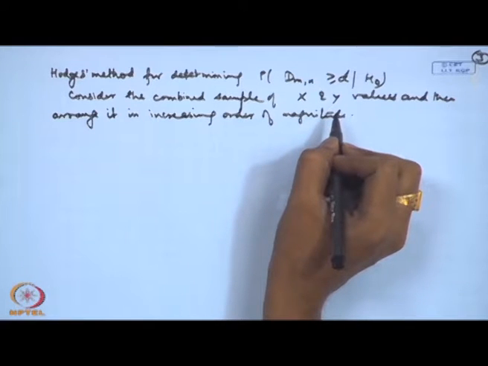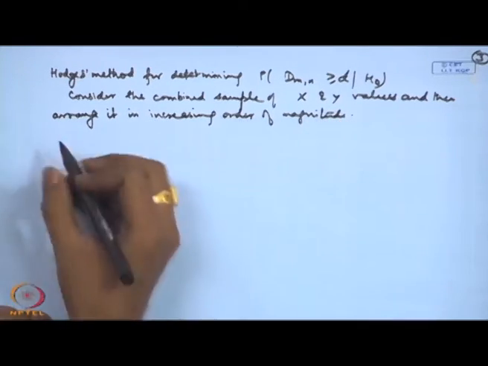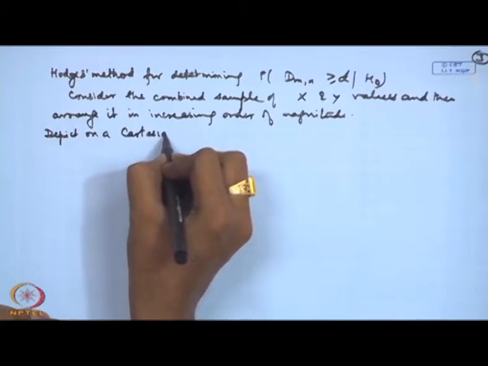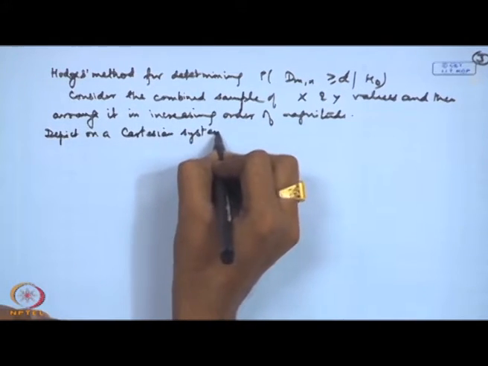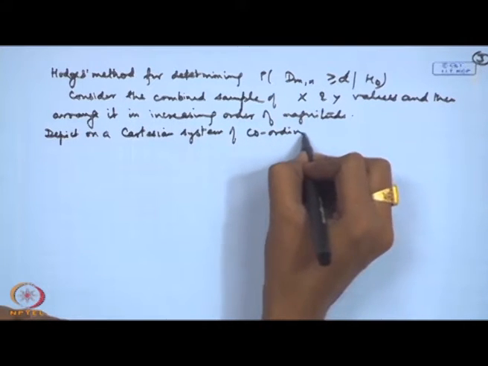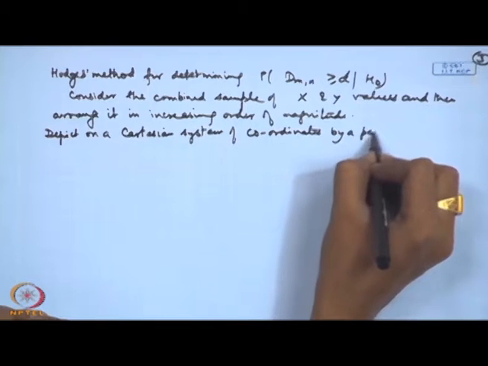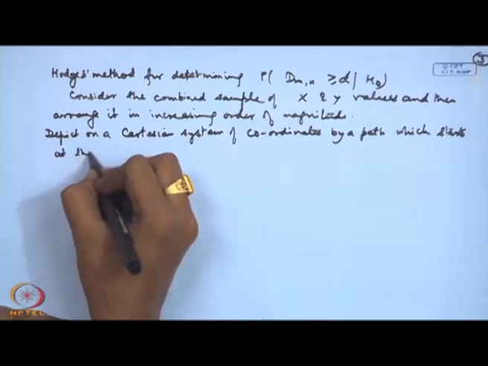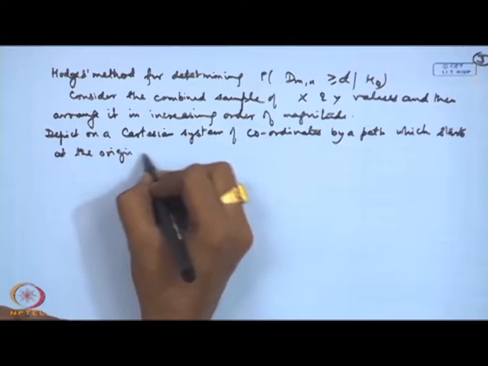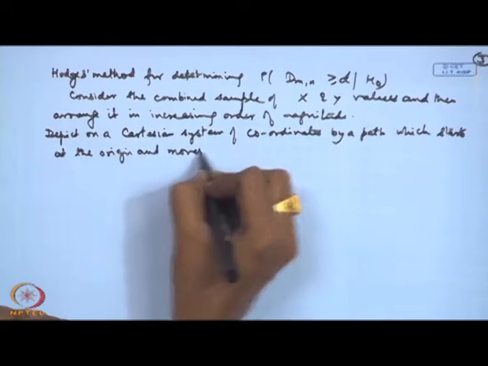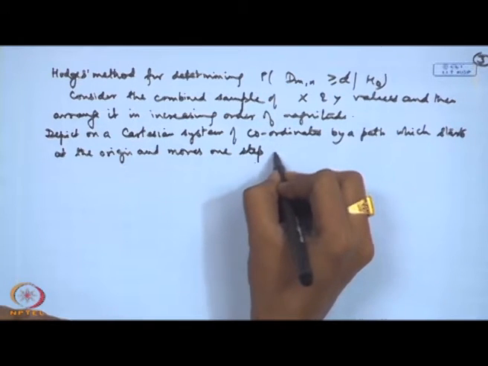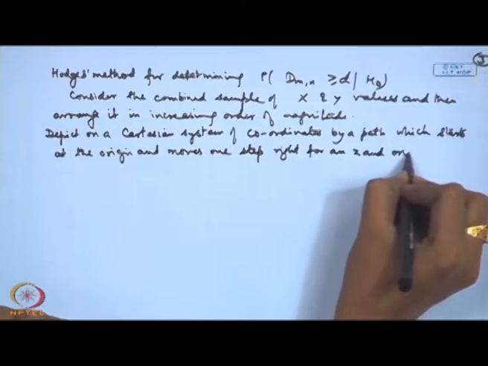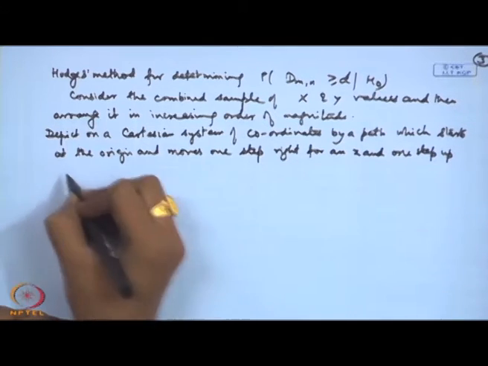So we consider a Cartesian system in the following fashion. Depict on a Cartesian system of coordinates a path which starts at the origin and moves one step right for an x and one step up for a y.